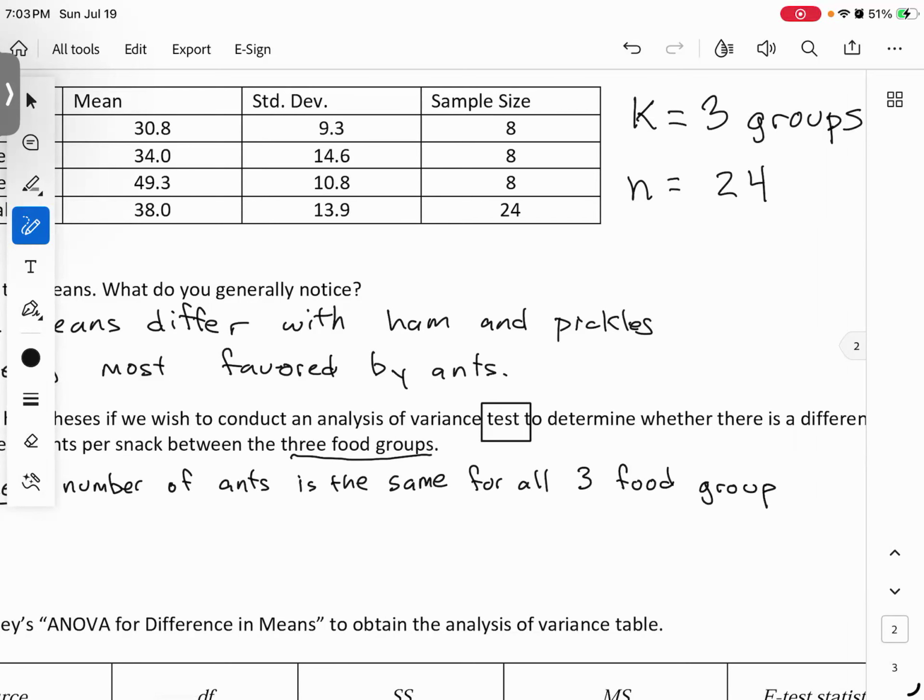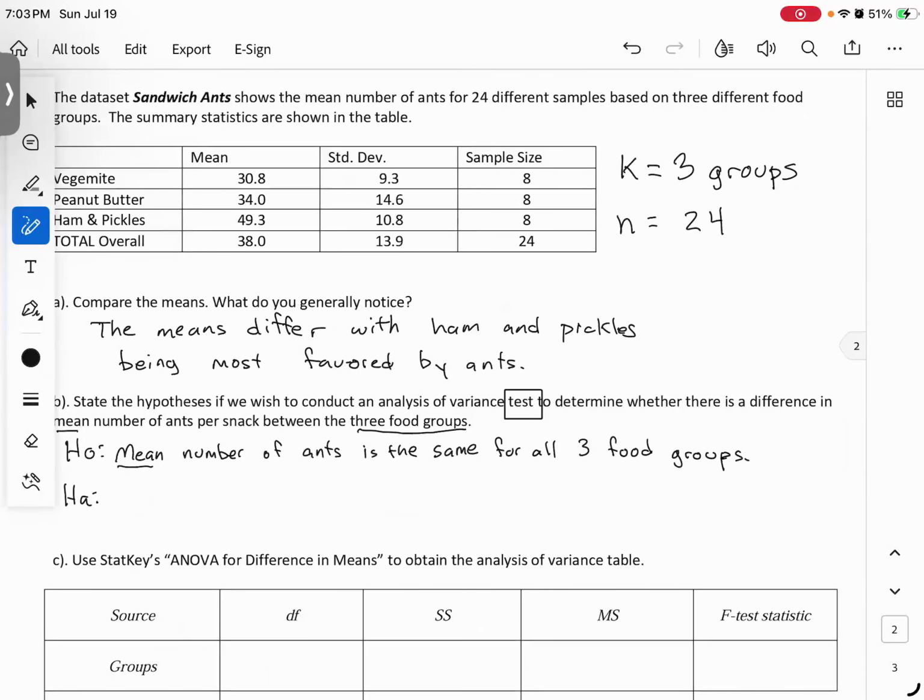food groups. So when you write your H0, you want to mention, again, it's about a mean, what the variable is, which would be the number of ants, and then that there are three groups of what? In this case, three groups of food. And then for HA, it's always going to be the exact same thing for everything in section 8.1: that the mean differs between at least two food groups.